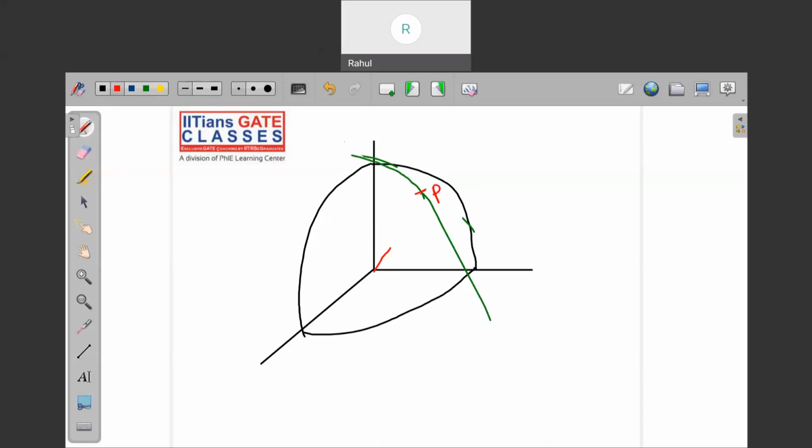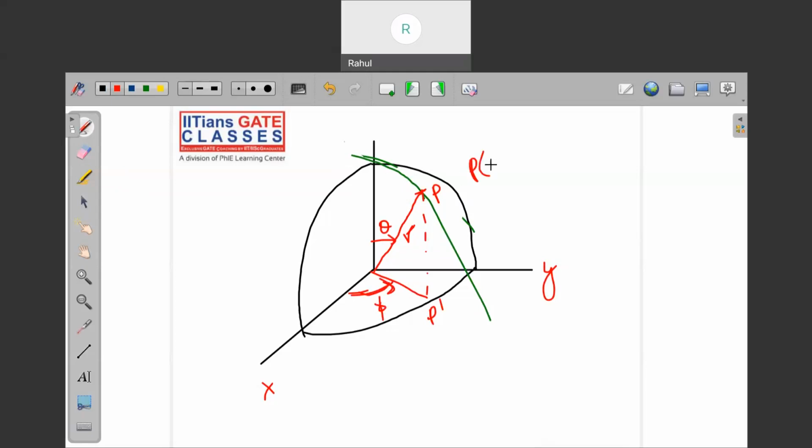Join this point P from the origin: this angle is theta, and this is r. Take the projection of this in the xy plane. Here is P dash, join this, and this angle is phi.